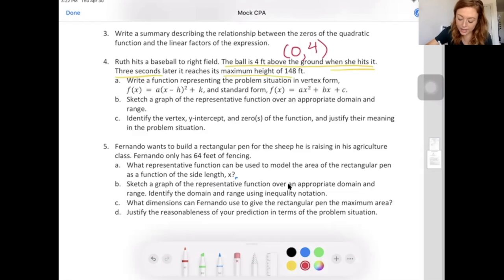Maximum tells us that's its vertex. The seconds was 3, and it corresponded with a height of 148 feet. So we have 2 points, so let's see how we can take those 2 special points and write a representative function.